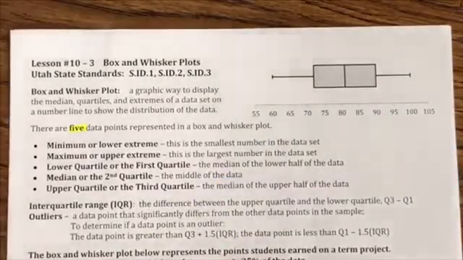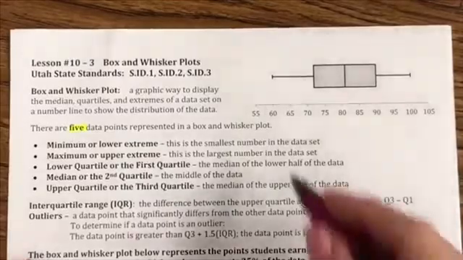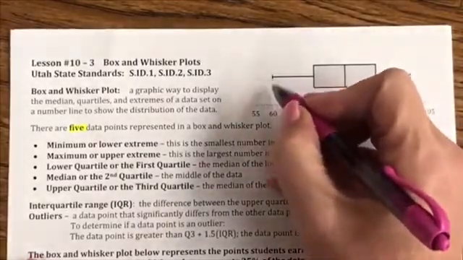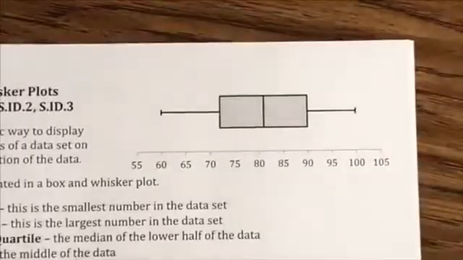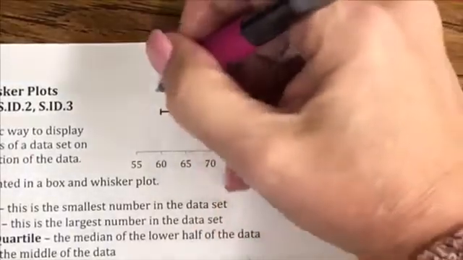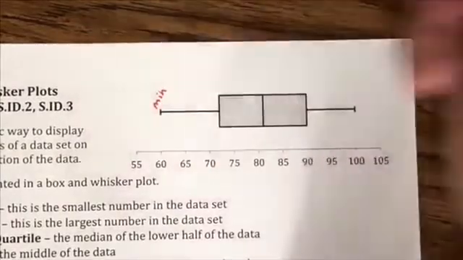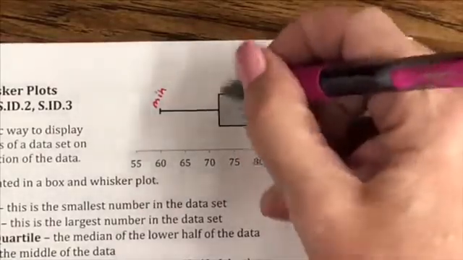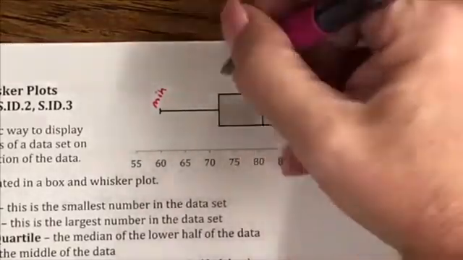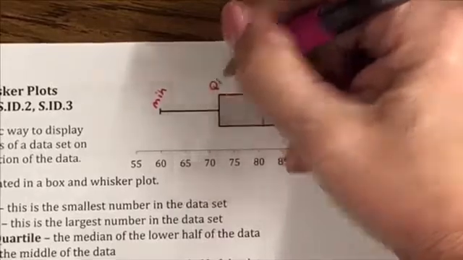First of all, the min is the smallest number of the data set. So right here is our min. I'm going to zoom in just a little bit so we can see a little bit closer. So this is our min, the left-hand side. This is the smallest number in our data set. Q1, the lower quartile or first quartile, is the left side of the box. This is our Q1.